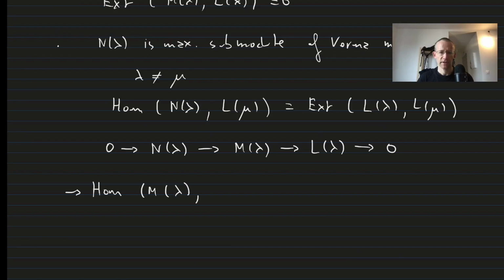So we have Hom of M lambda, L mu, and then we have to go to the left. So Hom of N lambda, L mu. Very good.